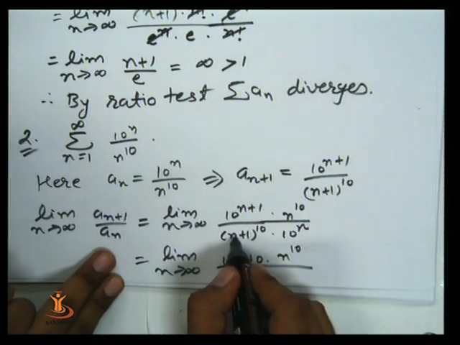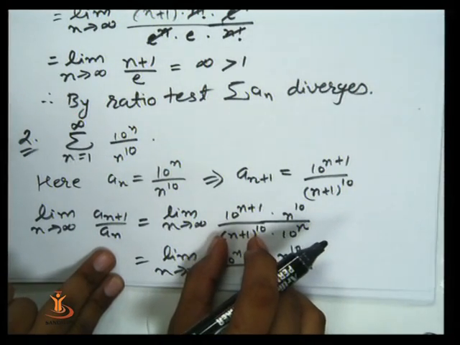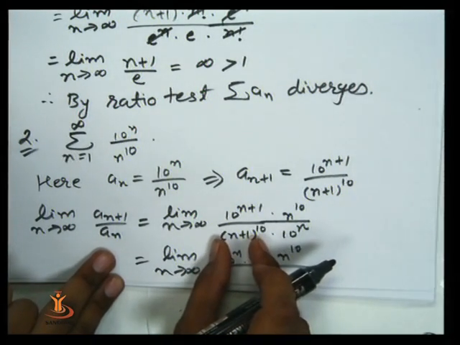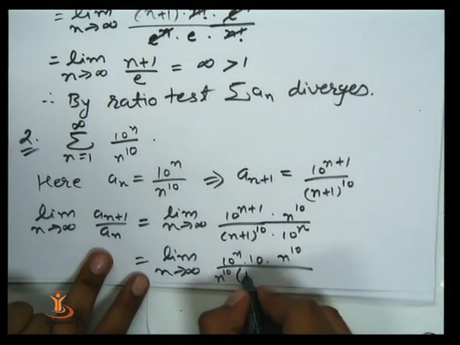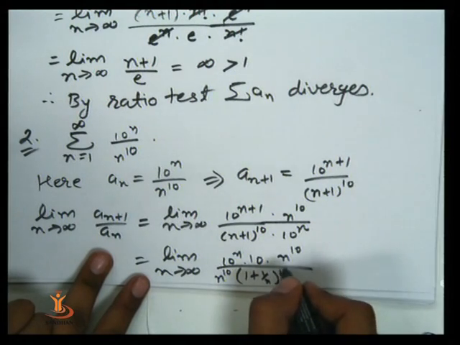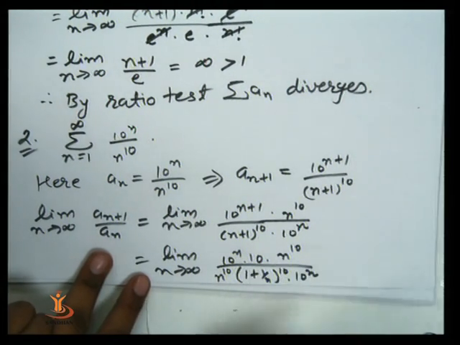Now take n common from this n plus 1. If we take n common from this n plus 1 outside of that bracket, the term will be n raised to 10, and inside we have (1 plus 1 upon n) raised to 10, into 10 raised to n.